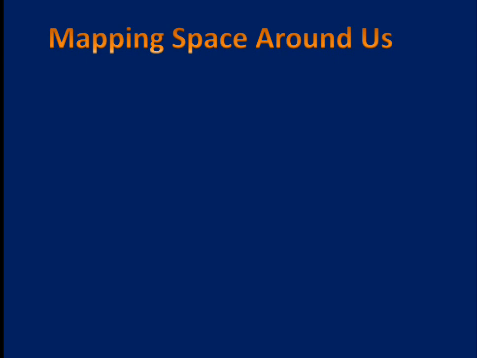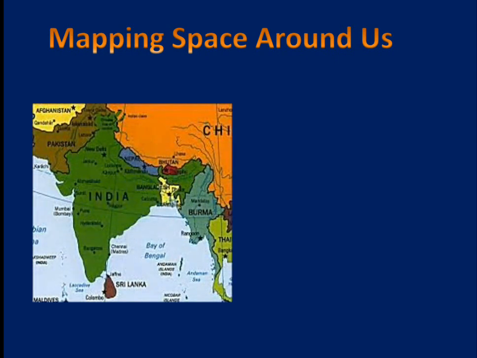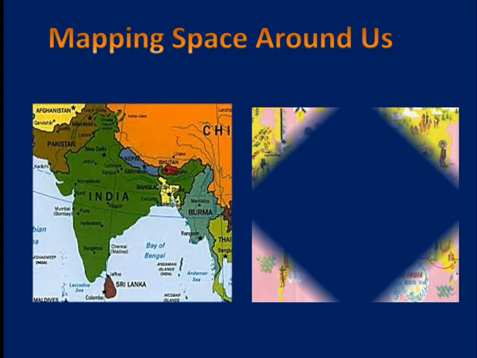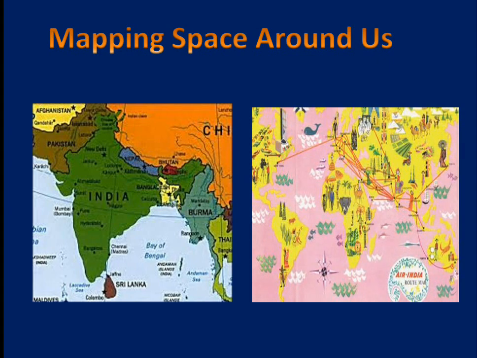in primary classes. In geography, we have been asked to locate a particular state, a particular river, a mountain, etc. on a map. In history, we might have been asked to locate a particular place where some event had occurred long back.